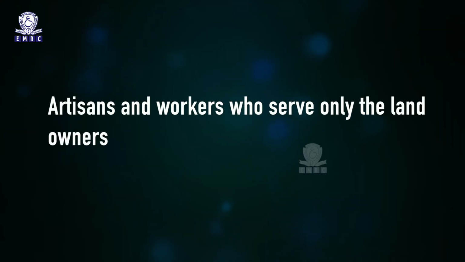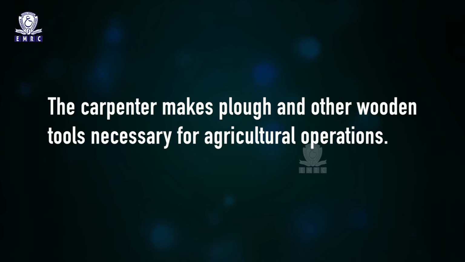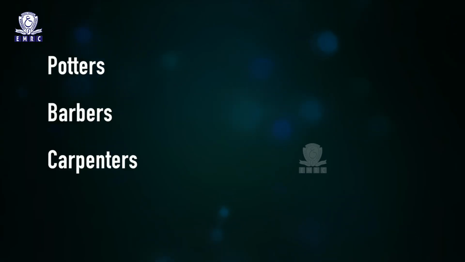The first type of relations involves those artisans and workers who serve only the landowners. For example, the carpenter makes ploughs and other wooden tools necessary for agricultural operations. The second type includes relations with potters, barbers, carpenters and washermen, etc., who provide services both to the landed as well as to the landless. And the third type involves relations between various local artisans which involve service exchange only.